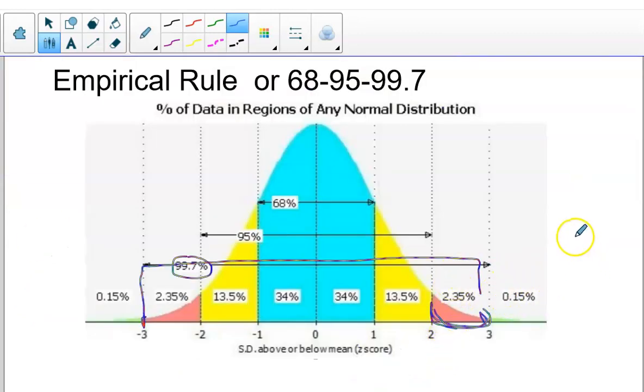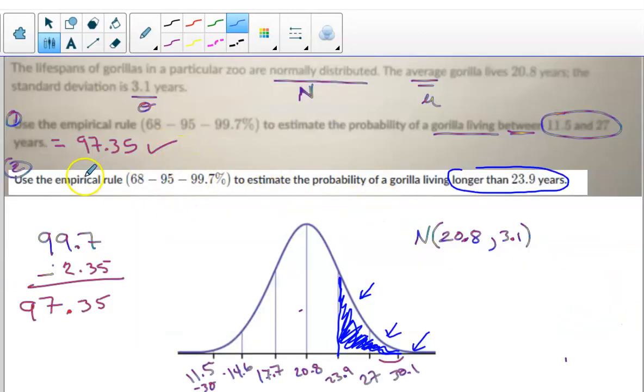So add 0.15, which is this part, out of the 2.35, and out of the 13.5, and you should get about 16%.